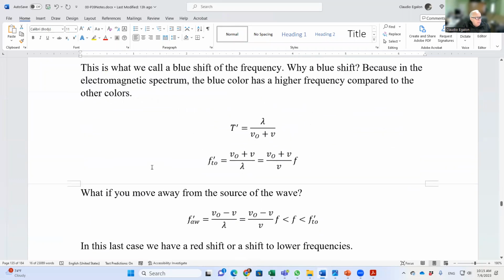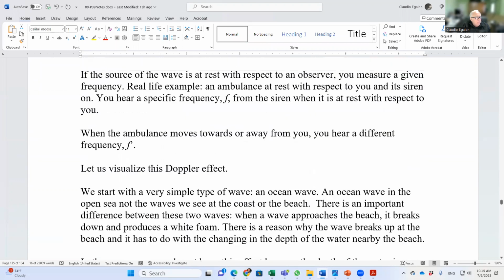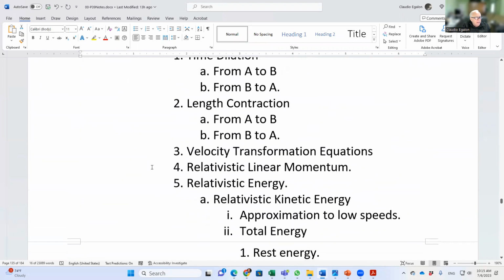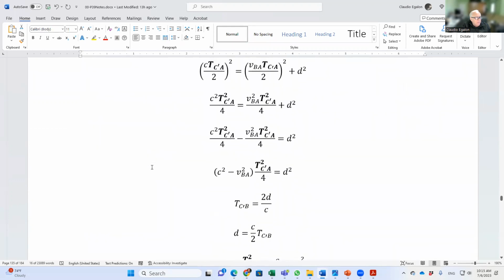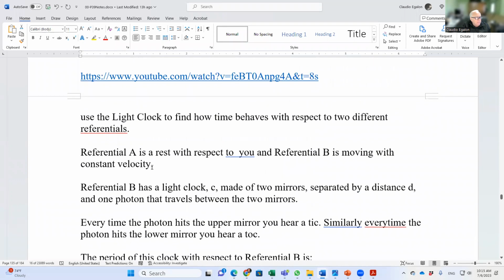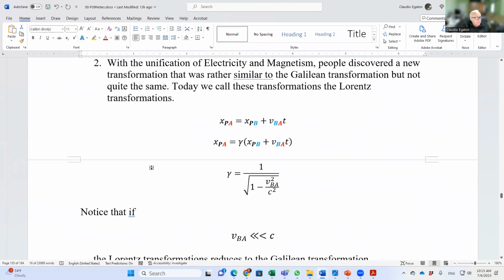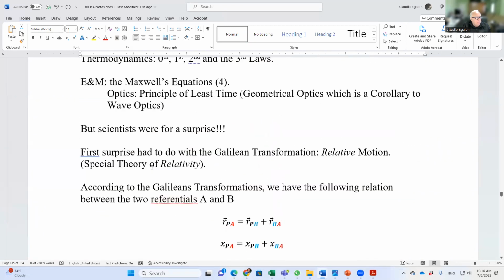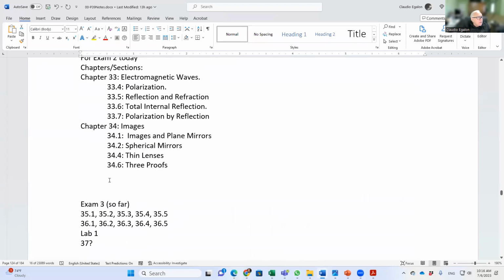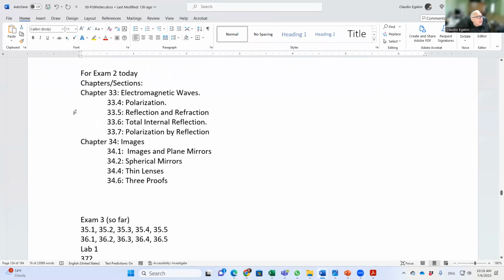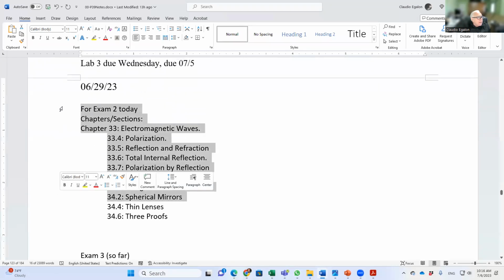I wrote down exam 3 everywhere. Lots of things that you can see. That's exam 2 and exam 3.